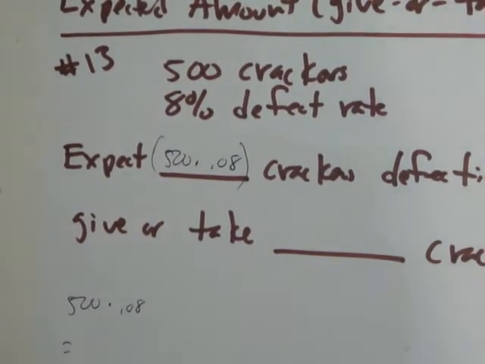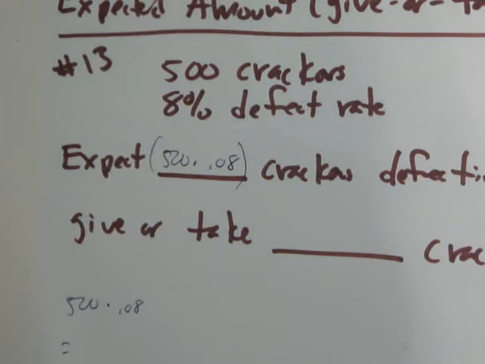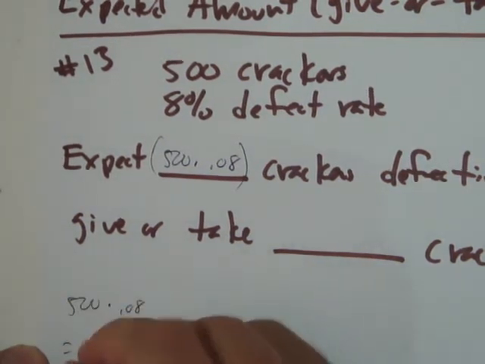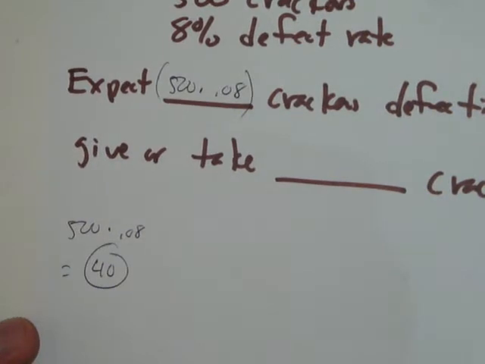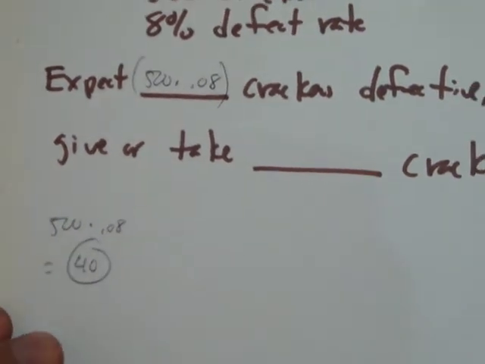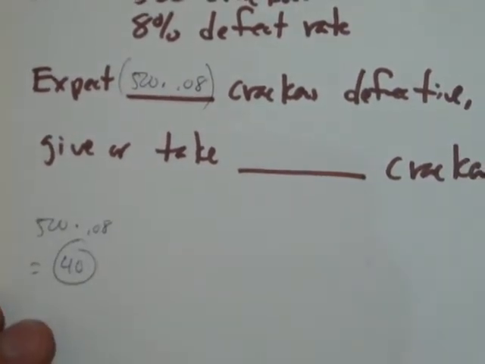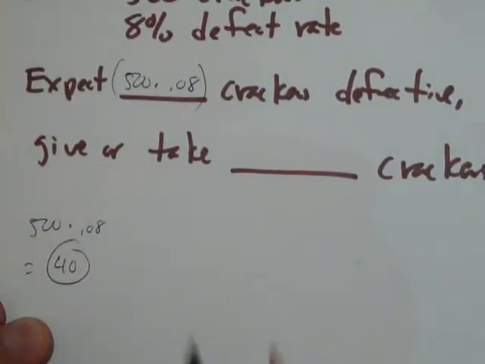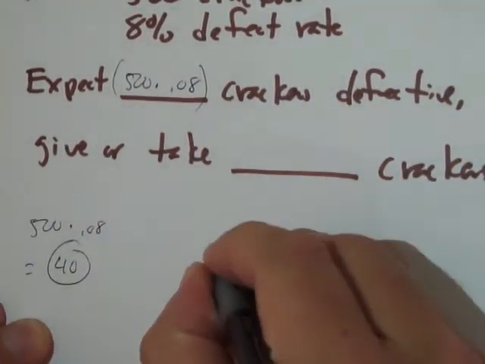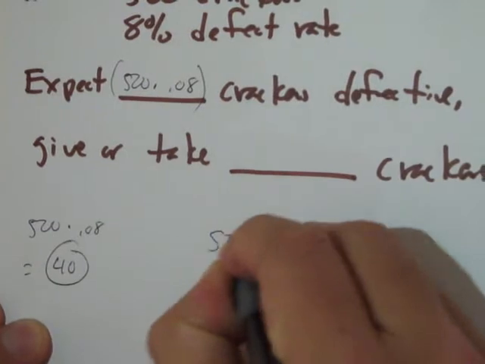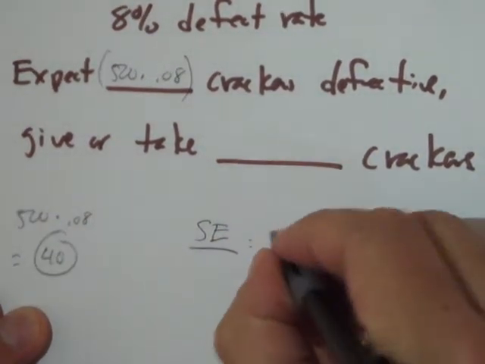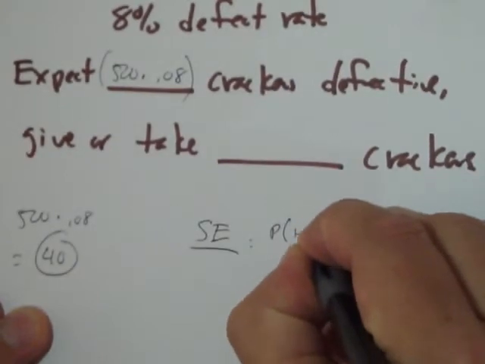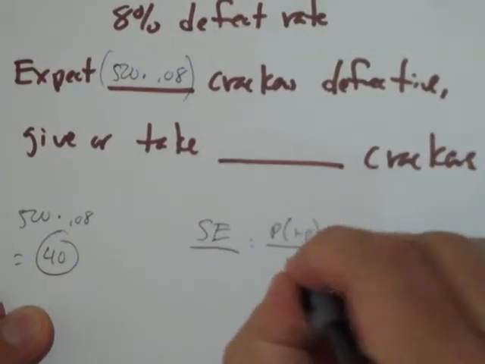Let me check real fast to make sure I get it right. 500 times 0.08, and I got 40. So we would expect 40 crackers to be defective. That's the easy part. Now the give or take part gets a little bit confusing. The first step is to find the standard error, and if you remember, the standard error was the square root of p times 1 minus p, divided by n.